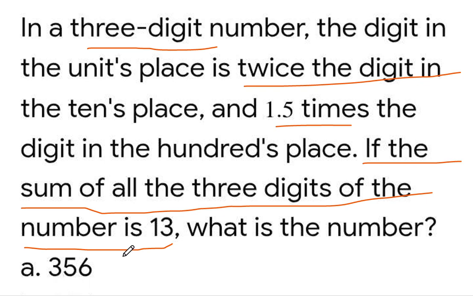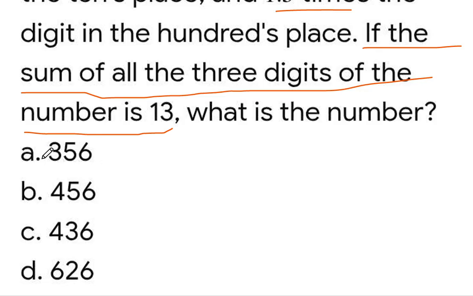First you see the option here, 356. It is a 3-digit number. So let it be the first 2 conditions. Use the last condition: take the sum of all the 3 digits. 3 plus 5, 8, 8 plus 6, 14. But here they have given 13, so this is not the correct answer. Next one: 5 plus 4, 9, 9 plus 6 is 15. 15 is not there.